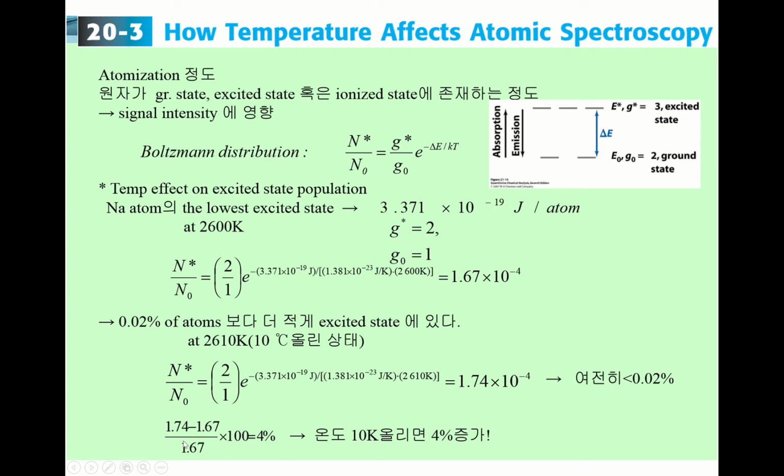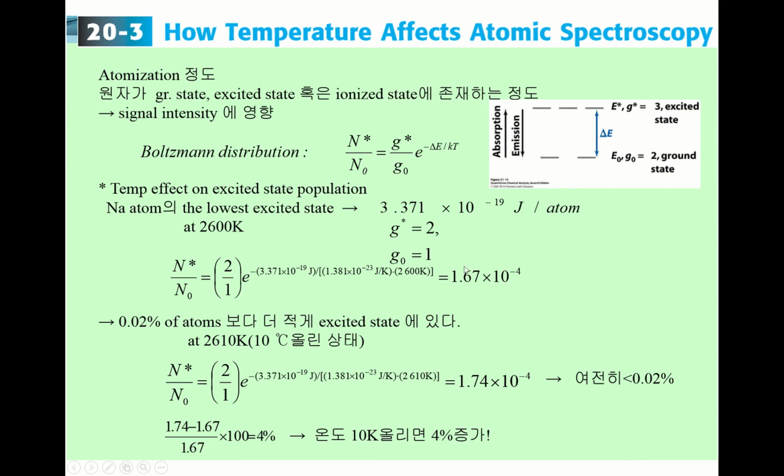Take the difference and divide by 1.67, and this is 4%. This is significant, because a temperature increase of only 10 degrees C makes the population in the excited state increase by 4%. It's still a very small number, but the increment is 4%.